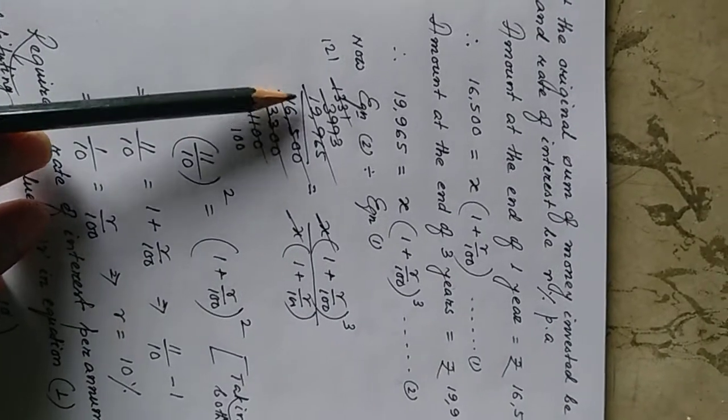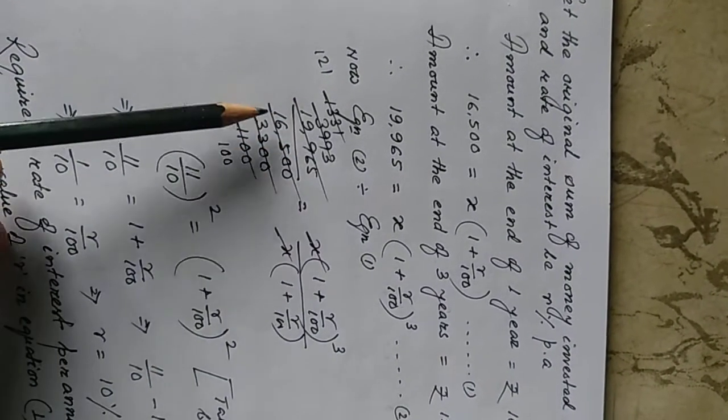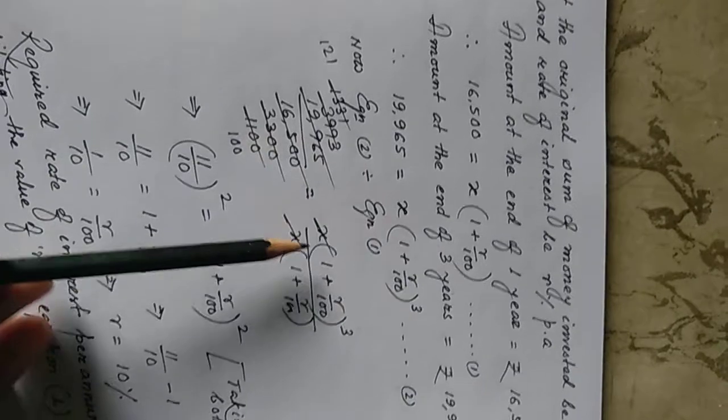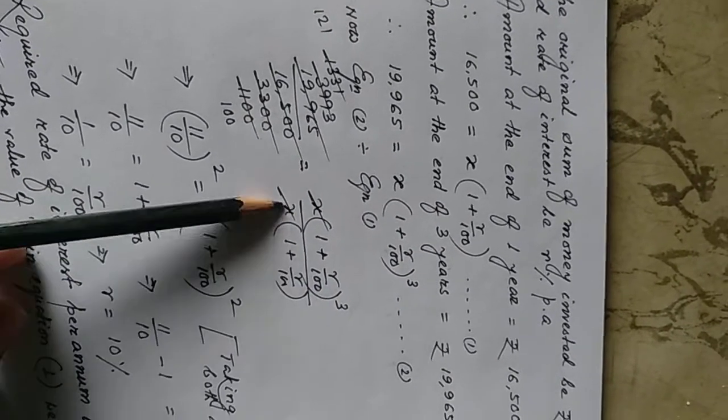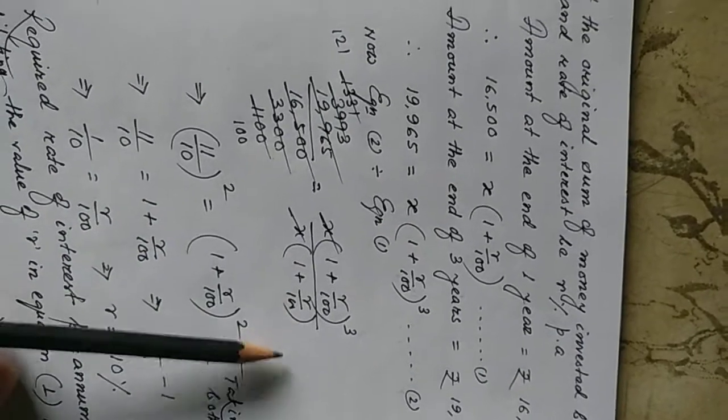So I write it like this: 19,965 by 16,500 equal to X whole into (1 plus R by 100) whole cube by X whole into (1 plus R by 100).